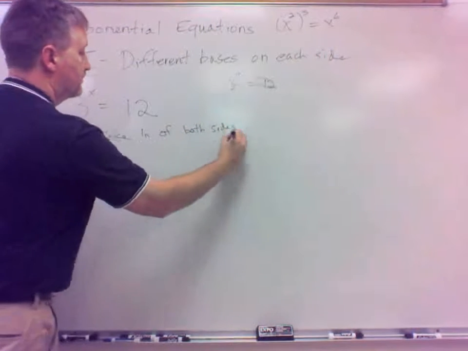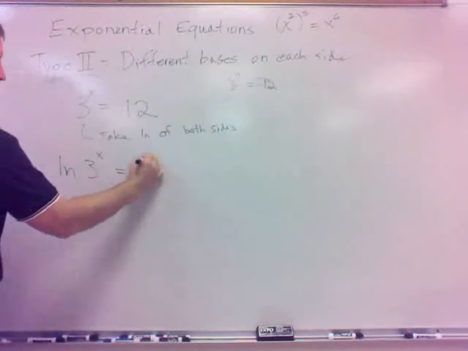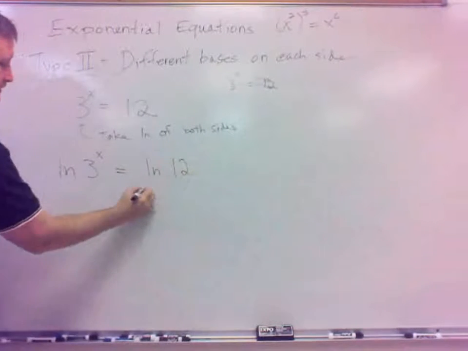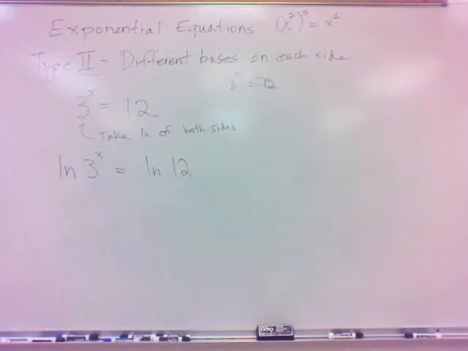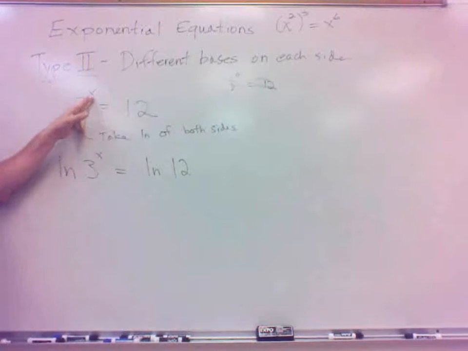What we do to one side, we do to the other. So I'm going to take the ln of 3 to the x, ln of 12. So I've taken the ln of both sides. Now, why would I do that? Because I can't get rid of the bases, since I can't make that 3 to a power. And so I need to somehow get x out of the power.